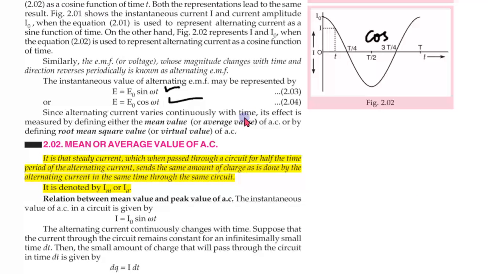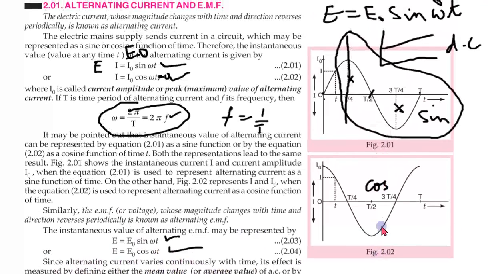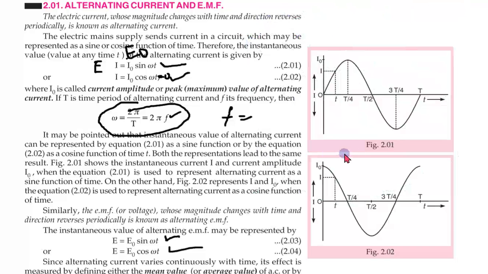So the most important part is the mean value or average value. This is the upper part, half circle, semicircle.